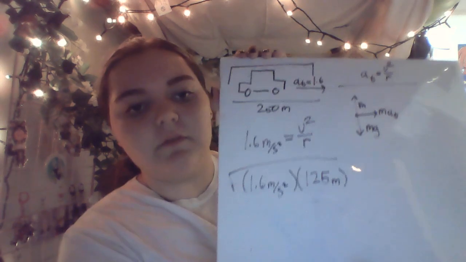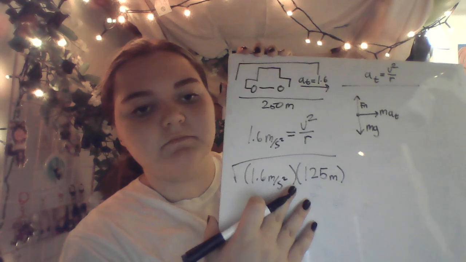Given this information, we're going to solve for the velocity and then use a kinematic equation to solve for time. So that's going to look like this: 1.6 meters per second squared times the radius, which is 250 divided in half, which is 125 meters, and then the square root of that.